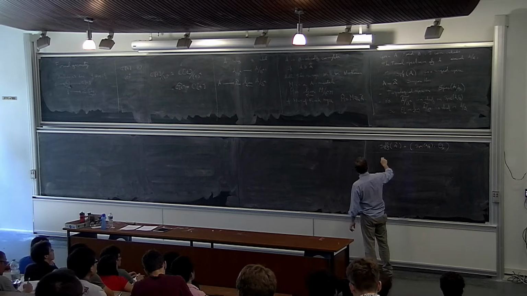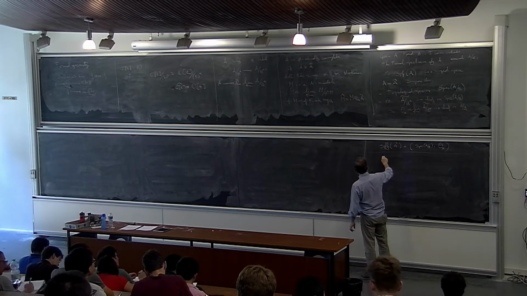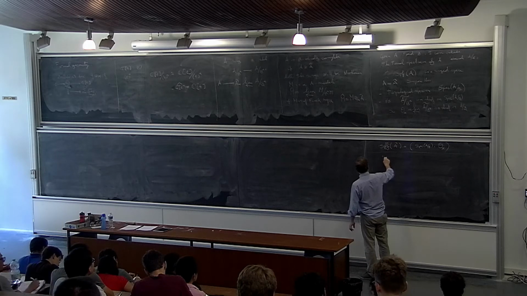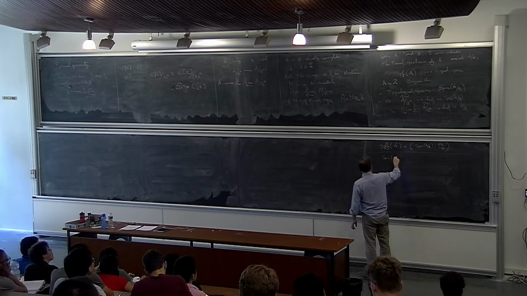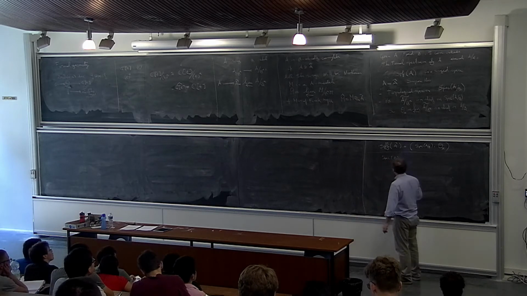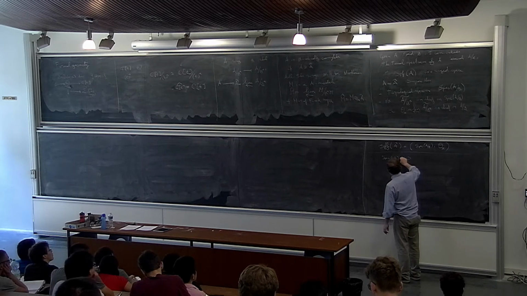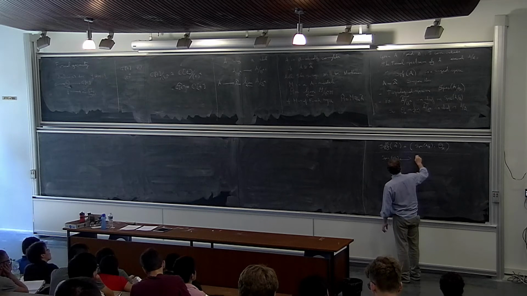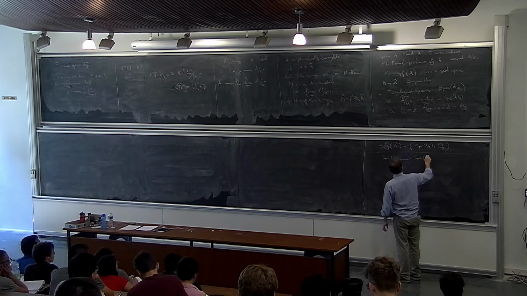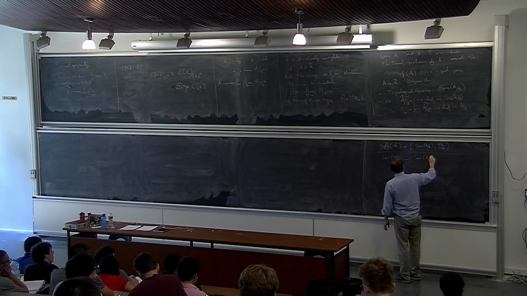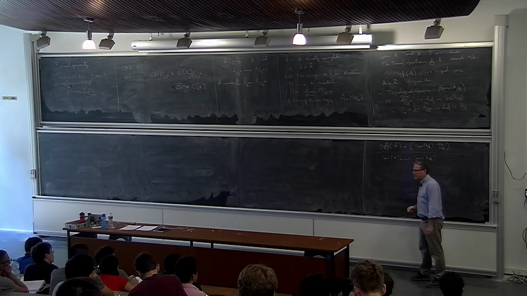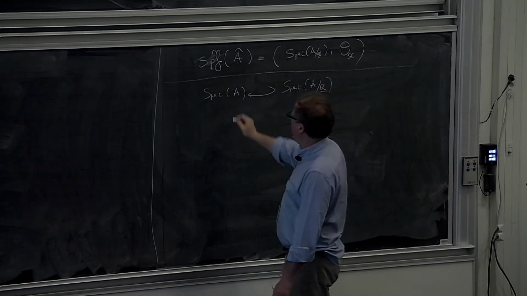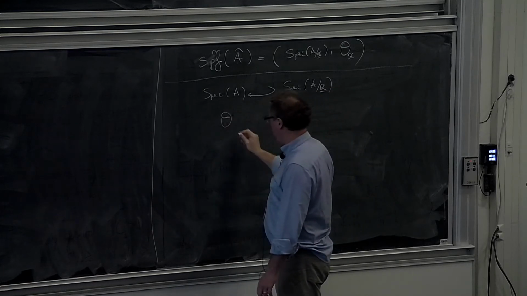I can look to Spec of A. Inside Spec of A, this is a closed set, which is Spec of A divided by a. Now over here I have a ring, I have a sheaf.